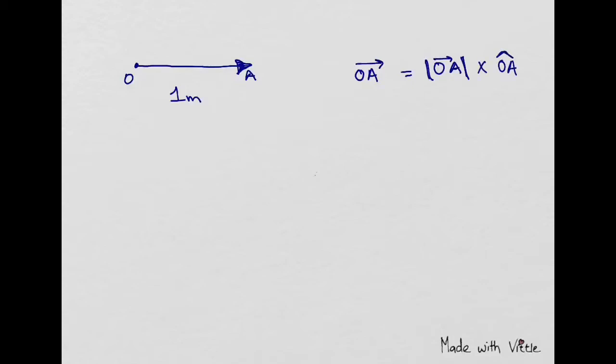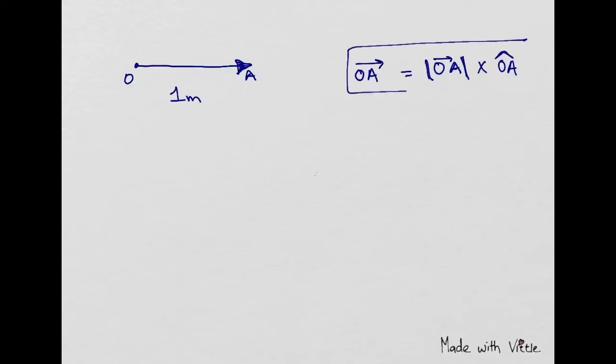So now I'm going to tell you how to represent a vector. Let's say this is a vector whose length is 1 meter and it starts from point O and ends at point A. Now the direction is, let's say, towards the east. This is the direction of this vector quantity. So this vector OA is represented as the magnitude of OA, which we represent with this mod, multiplied by the unit vector, and the unit vector is something which tells us about the direction of the vector.